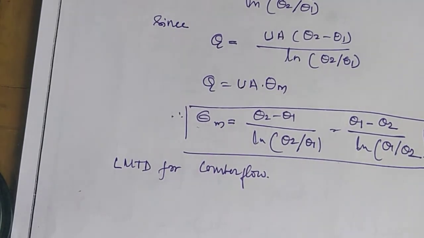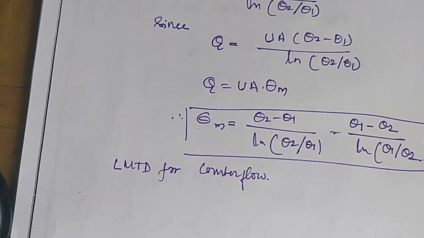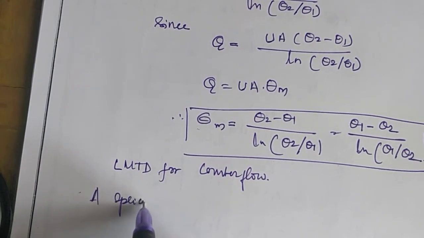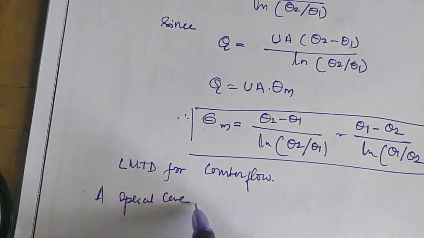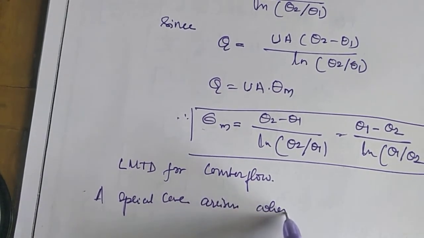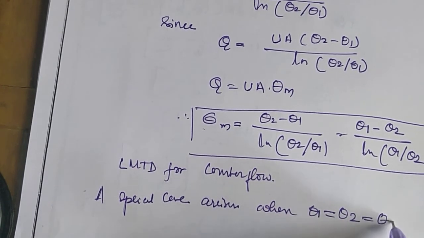For special cases, if theta 1 is equal to theta 2 in a counterflow heat exchanger, the special case arises when theta 1 is equal to theta 2 is equal to theta.